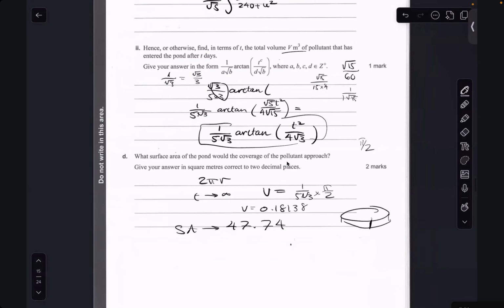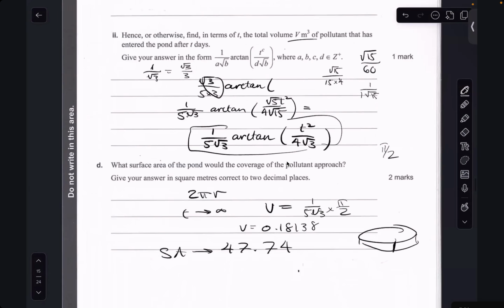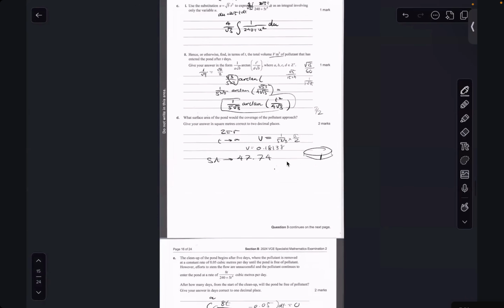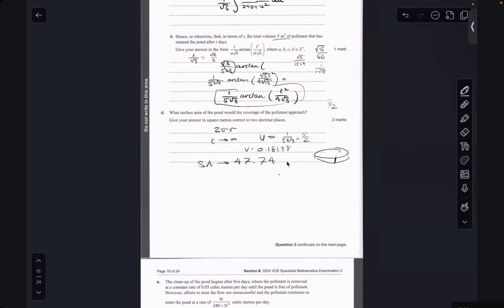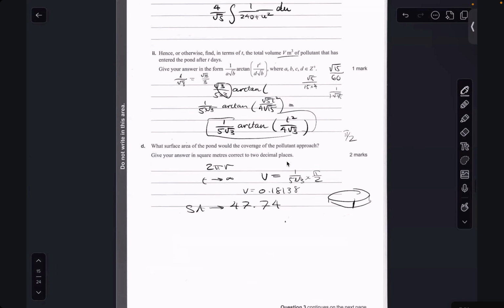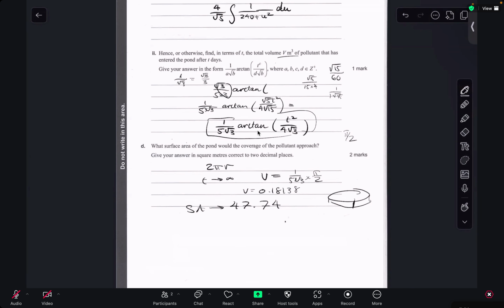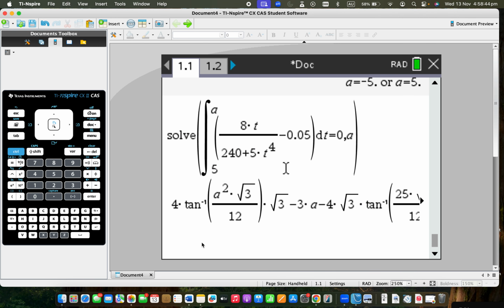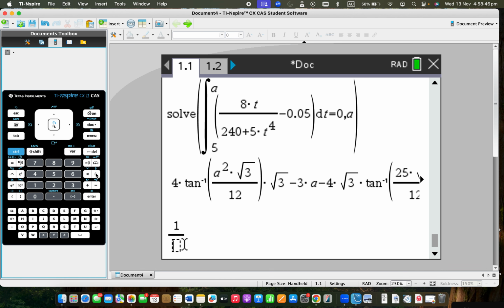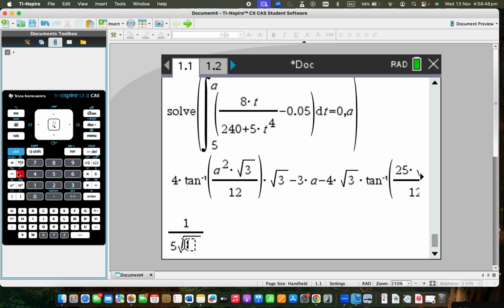I think we've got to put, do we have to plus the initial volume at the end? The initial volume after 5 days, so 1 on 5 root 3 arctan 25 over 4 root 3.